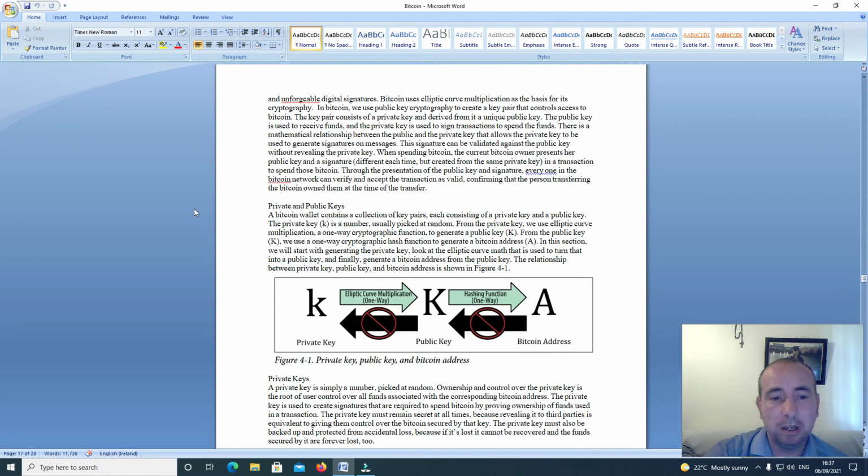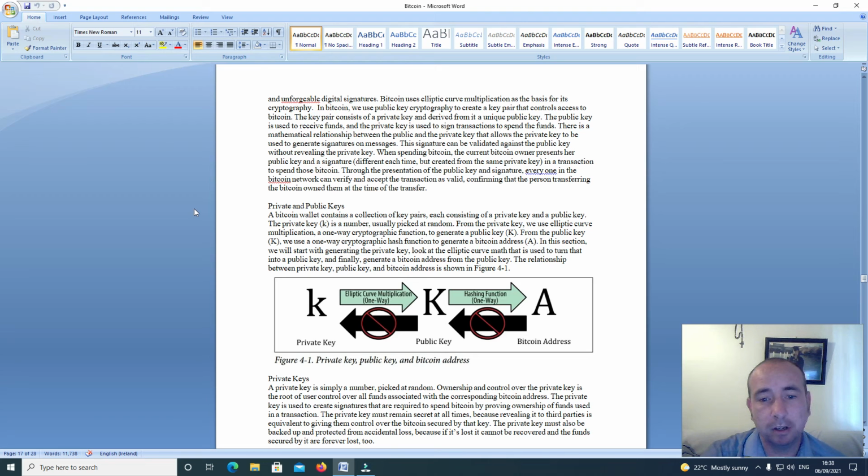The public key is used to receive funds, and the private key is used to sign a transaction to spend the funds. There is a mathematical relationship between the public and the private key that allows a private key to be used to generate signatures on messages. This signature can be validated against the public key without revealing the private key.